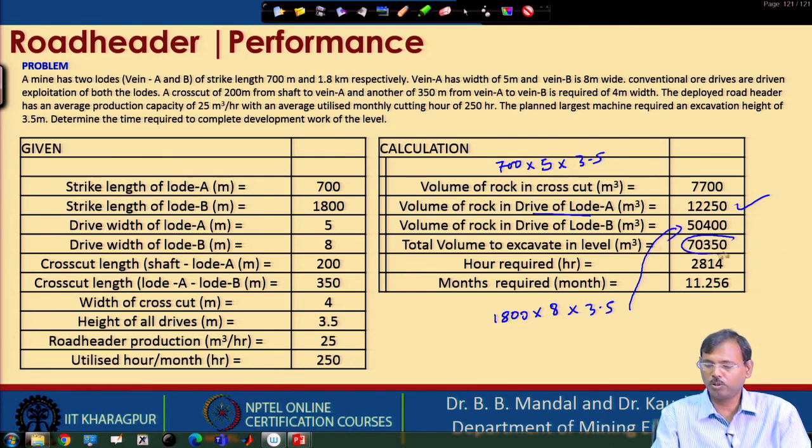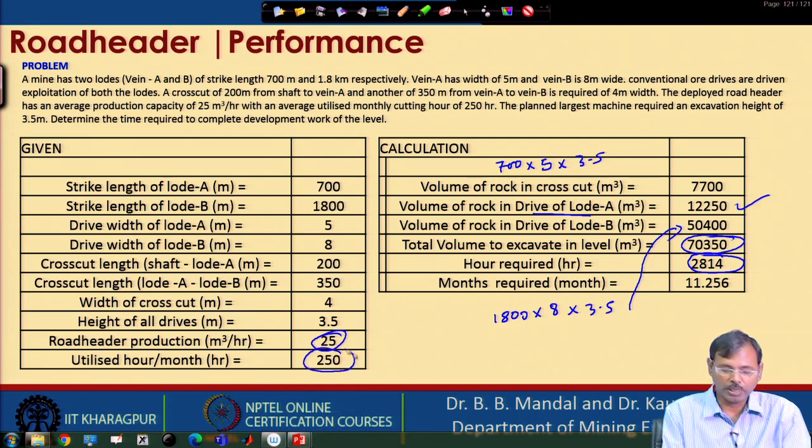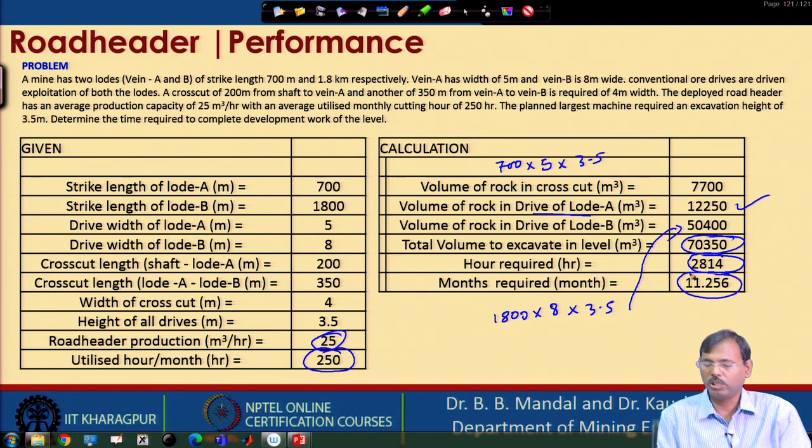So, the total volume of rock to be excavated is this much meter cube, 70,000 meter cube. Hourly excavation is 25 meter cube. So, the hours required to excavate is 2800 hour. Available hour per month is 250. So, we need close to 11 month time to complete the excavation of the complete level.